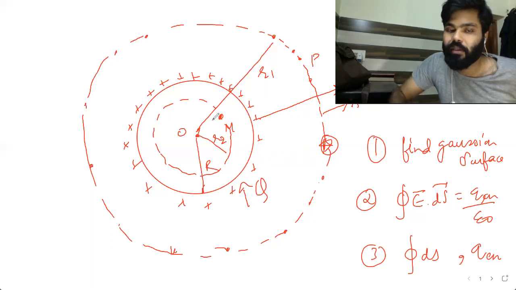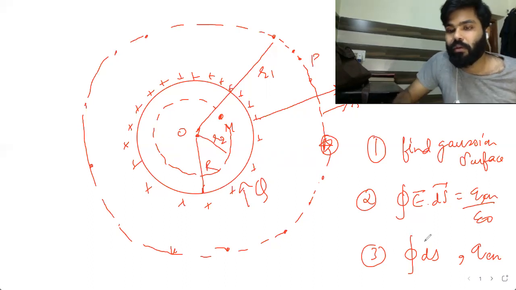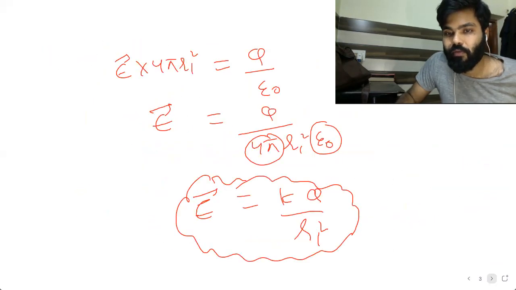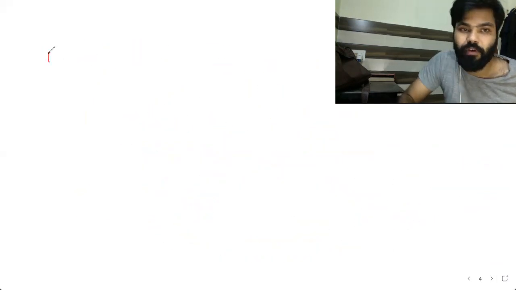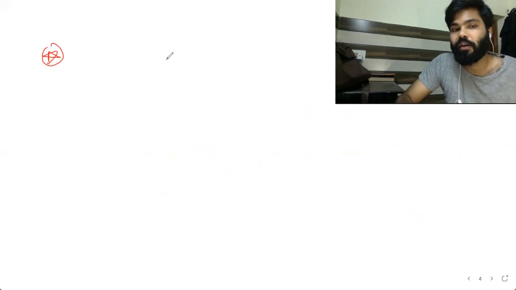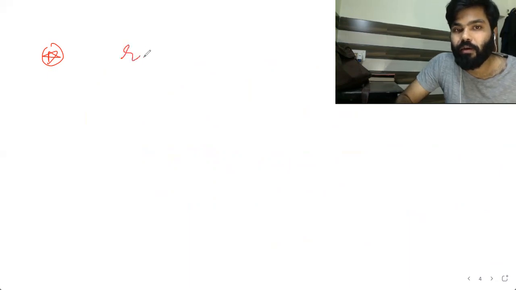In this case, the charge enclosed by inner sphere is 0. So when you are calculating electric field inside the hollow sphere, you will see that r2 is less than R.